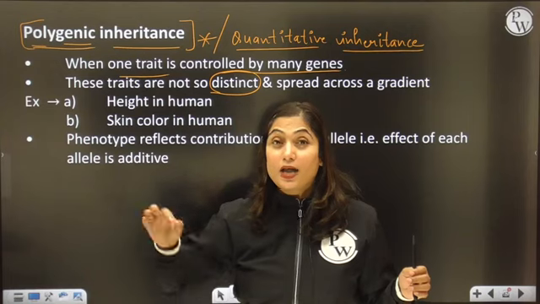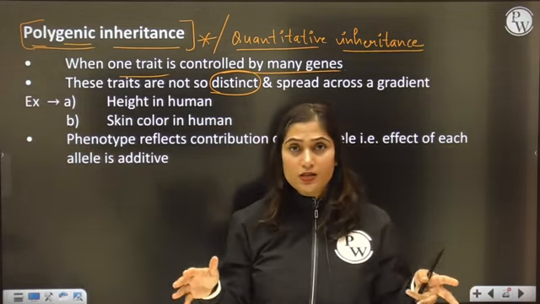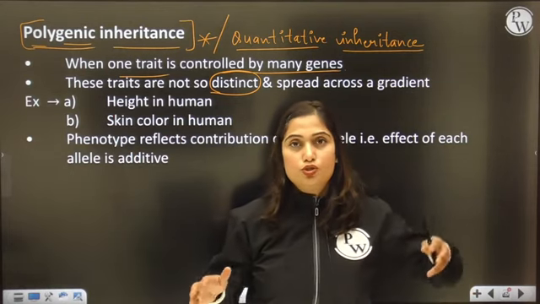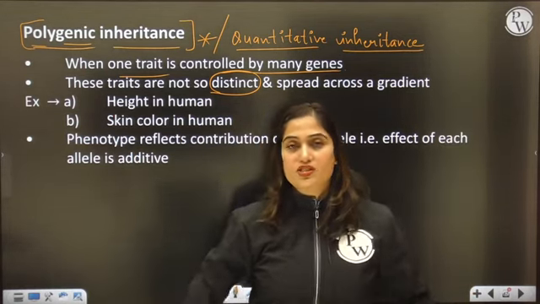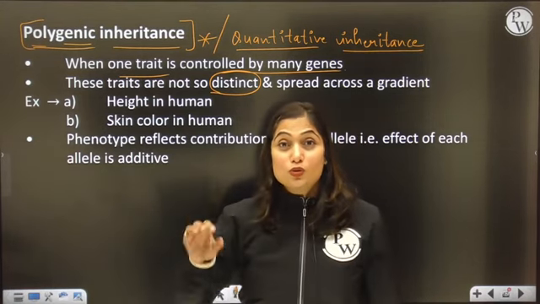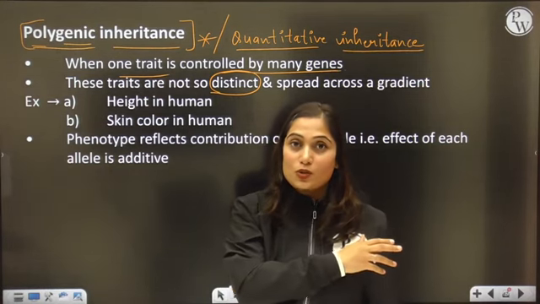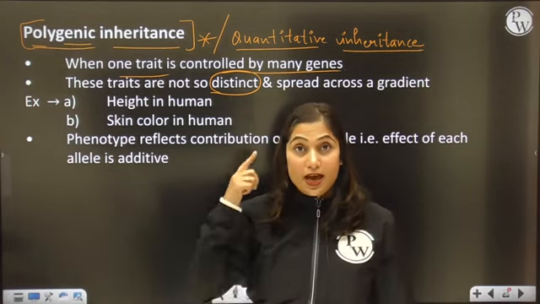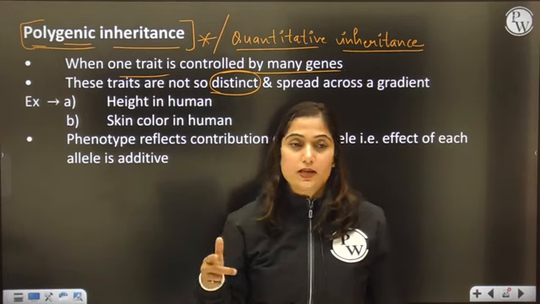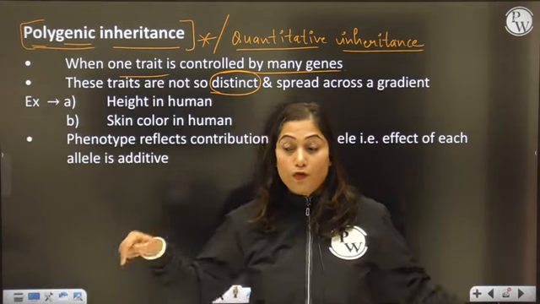There are various forms of this trait. You cannot say that one person is a genius like Einstein and one person is a duffer like a donkey. No, there are so many persons with different IQ values. Likewise, height in humans: you cannot say that there would be only two kinds of people in the population, 6 feet tall or 5 feet tall.